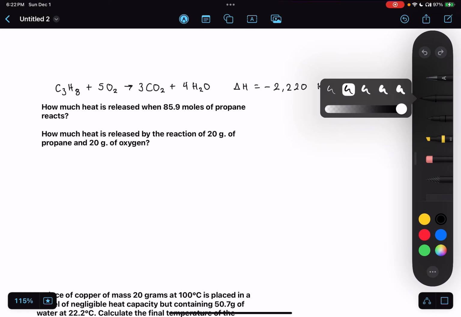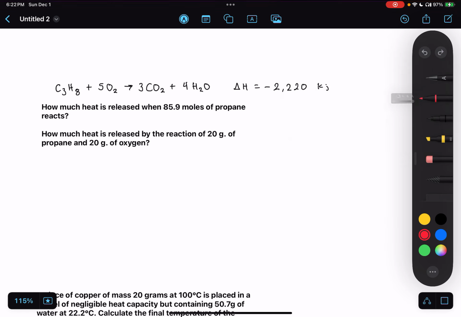So basically, when you get something like this, just remember that 1 mole of propane, C3H8, means that 1 mole is going to give you negative 2,220 kilojoules. Same goes for 5 moles of O2. When you react 5 moles of O2, you're going to get negative 2,220 kilojoules. Same goes for the rest.